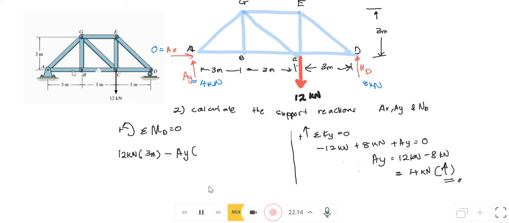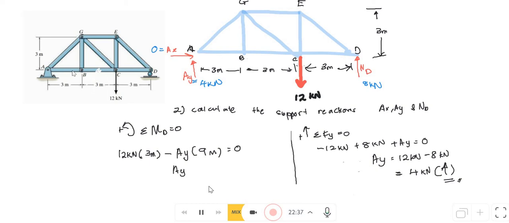So we have the 6 meter, 9 meter there. Okay, so 9 meter here. So it's equal to 0. Okay, then you rearrange. You can get the AY.